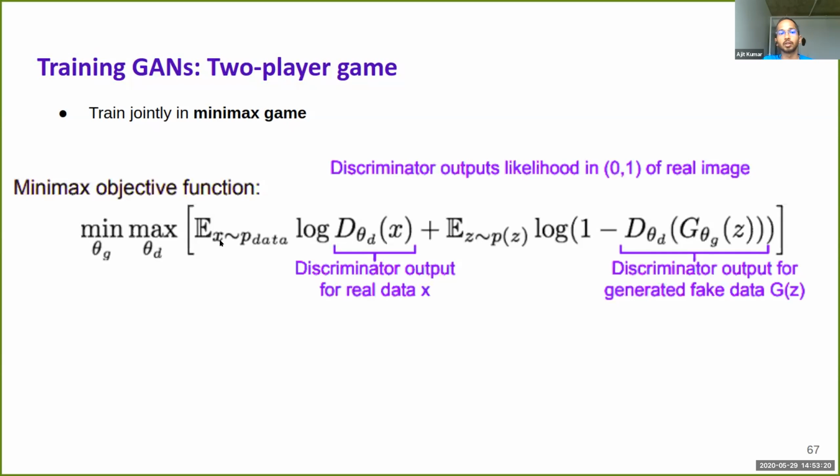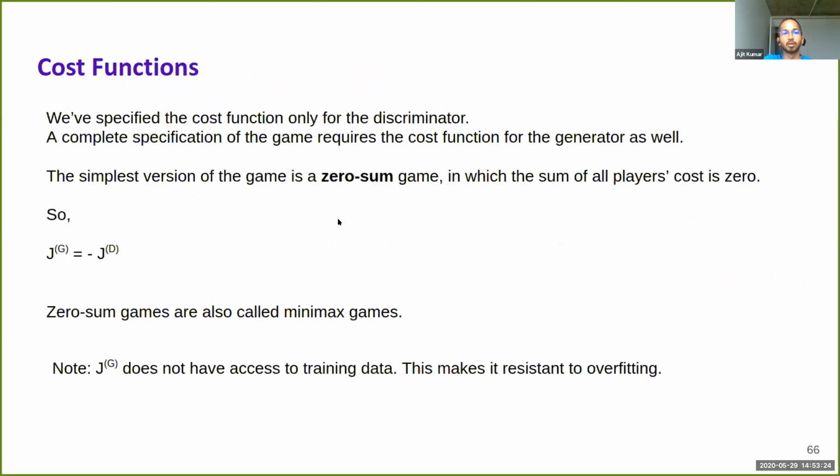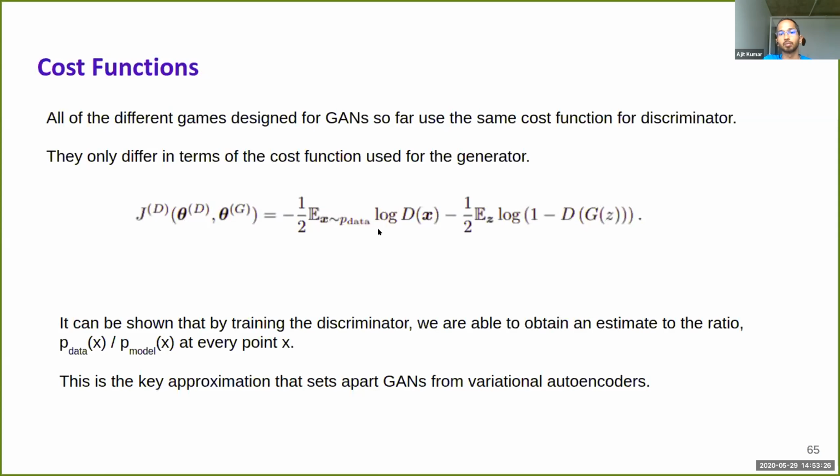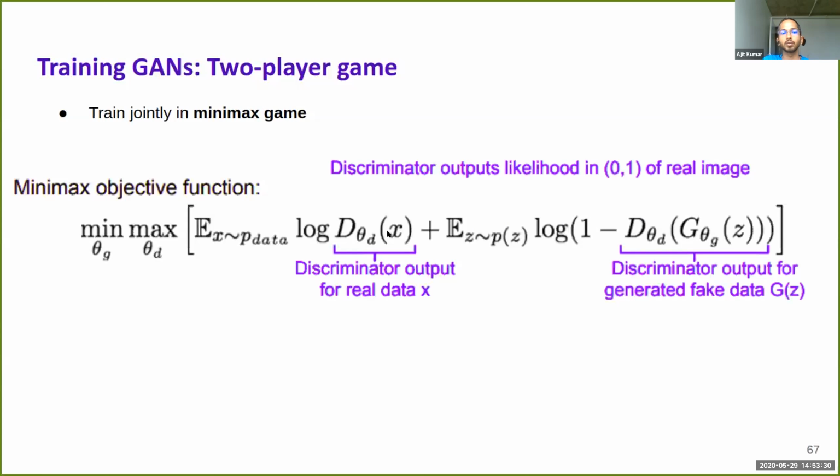So this is the same equation from the previous slide, where we have removed the constants. The discriminator is trying to maximize this objective, because all of these are probability numbers, they'll both be less than 1, and so log would be negative.